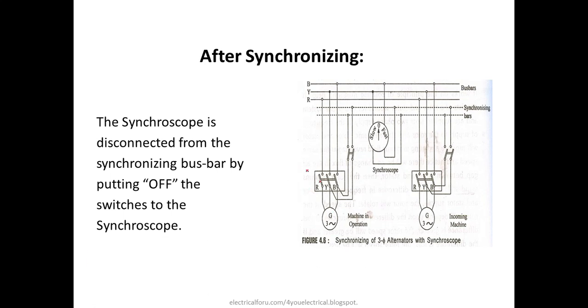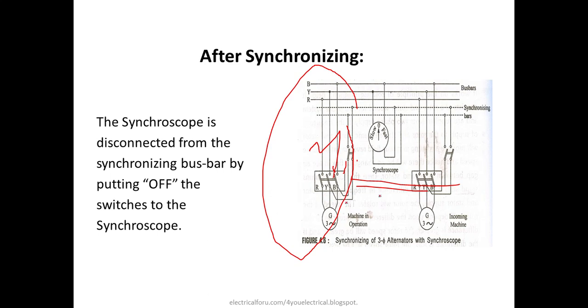If you have only one alternator in the power plant and it has a problem, there will be a problem for the power supply. To avoid that, we use another generator set to get continuity of power supply. This is called parallel operation of alternators.